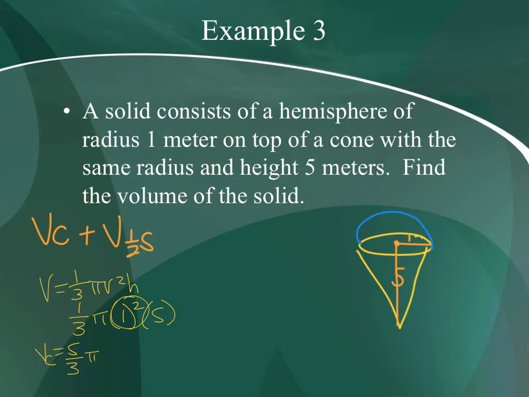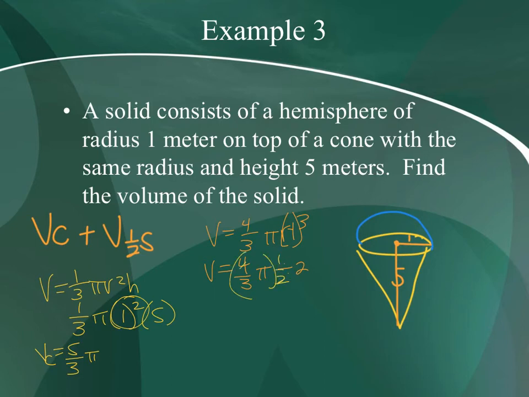Then I want to find the volume of the sphere, and then cut it in half. So the sphere with a radius of 1, again, volume would be 4/3 pi r cubed. R is 1, which means this is still 4/3 pi, because 1 cubed would still be 1. And then I want to cut that in half, so divide it by 2, or multiply by a half.